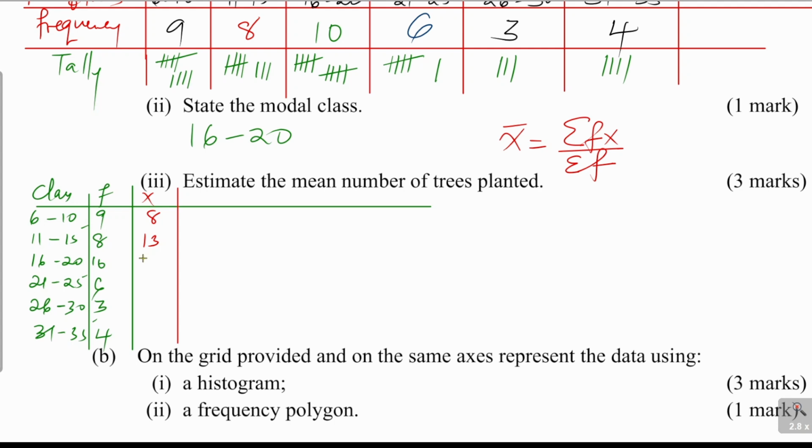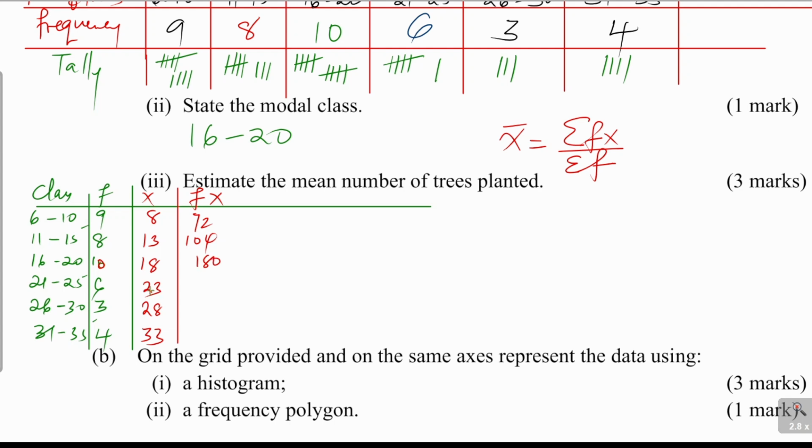So from 8 you can see 8 plus 5, 13. 13 plus 5, 18. 18 plus 5, 23. 23 plus 5, 28. 28 plus 5, 33. Then you can get the product fx. So 9 times 8, 72. 8 times 13, we have 104. 10 times 18, 180.